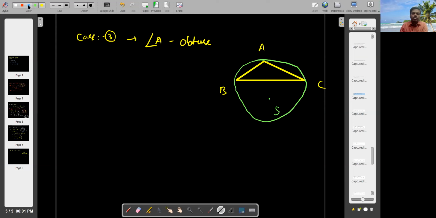Then join. Draw the diameter CD. So let it be D. Then join BD.